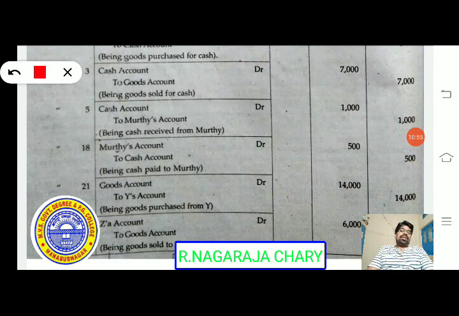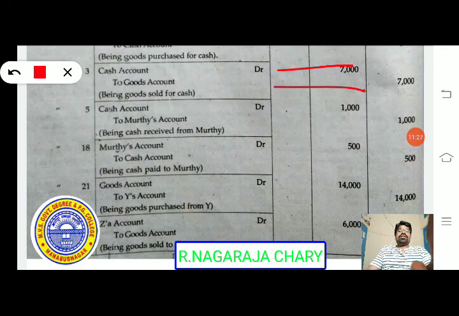So, instead of goods account you can write sales account. What we are receiving? Cash we are receiving. When we are selling goods, cash is coming inside, at the same time goods are going outside. So, cash is to be debited and goods is to be credited. So, you can write cash account debtor to sales account, right.